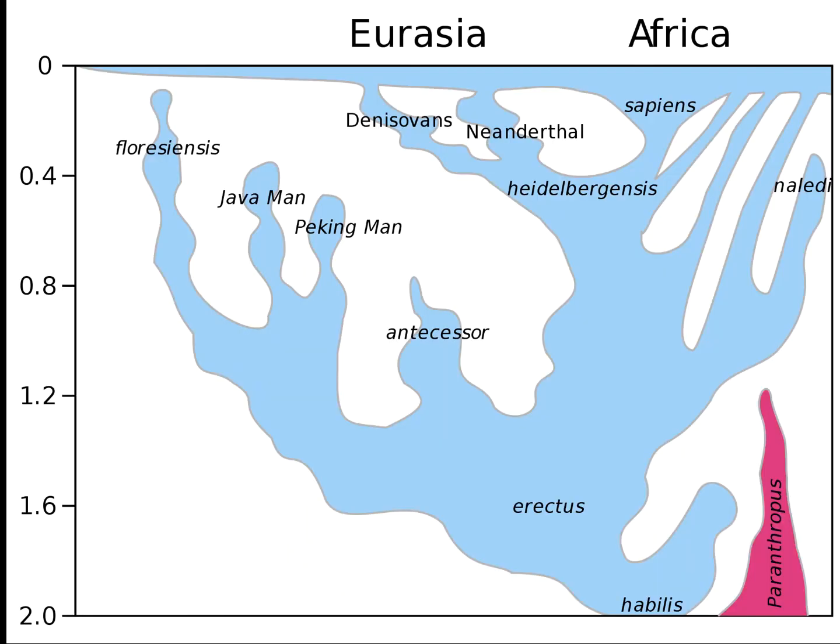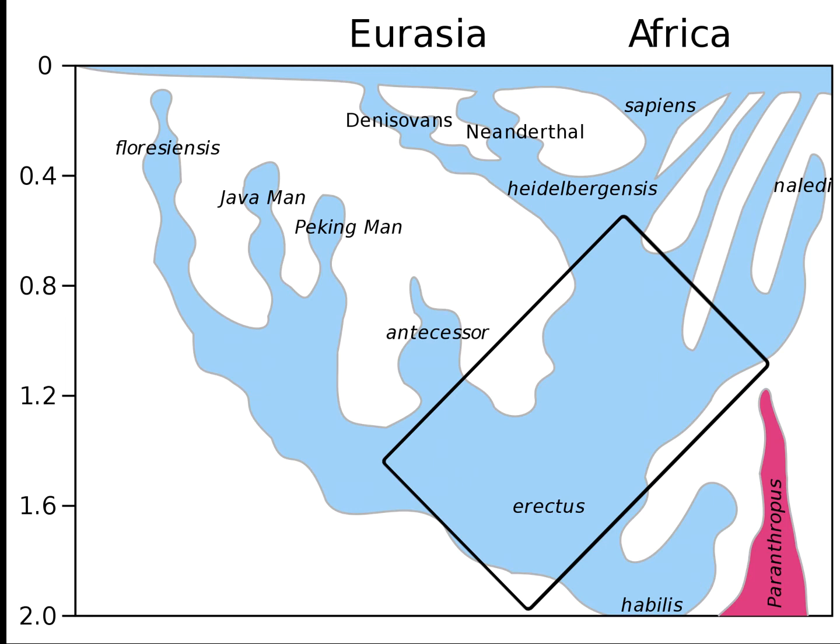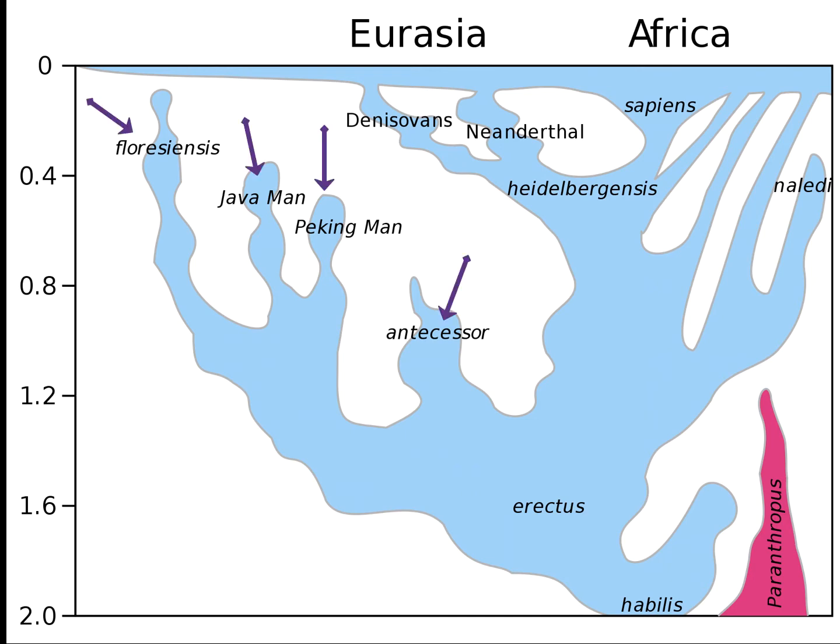And in this depiction, you see Homo habilis down here, about 2 to 2.5 million years ago, erectus emanating from that group by about 1.8 to 2 million years ago. And then there are these enigmatic fossil remains of humans that are found over here, including Floresiensis, which finally went extinct only about 20 to 30,000 years ago.